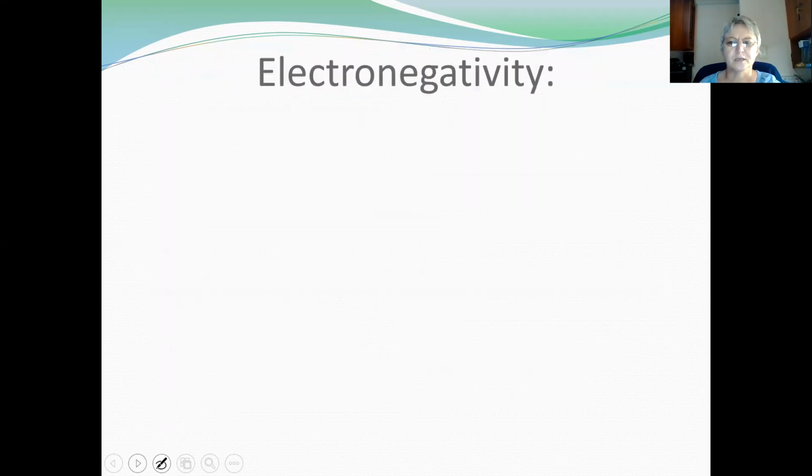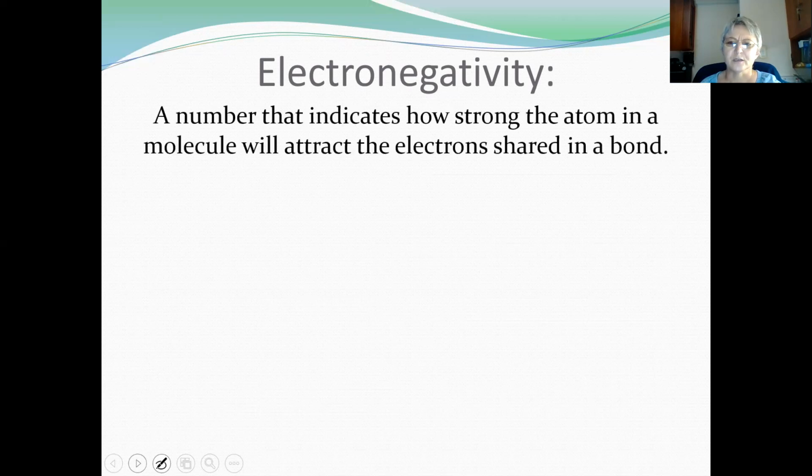The next property I want to discuss is electronegativity. And the electronegativities of the elements you will find on the periodic table. You've got the atomic number, the relative mass number, and the electronegativity of the element on the periodic table. It's a number that indicates how strongly the atom in a molecule will attract the electrons shared in the bond. I'm just going through the theory now, and then I'll use this information in the examples that will follow.